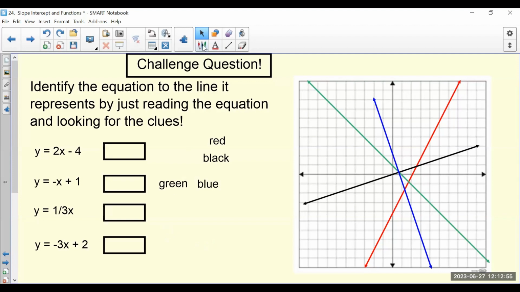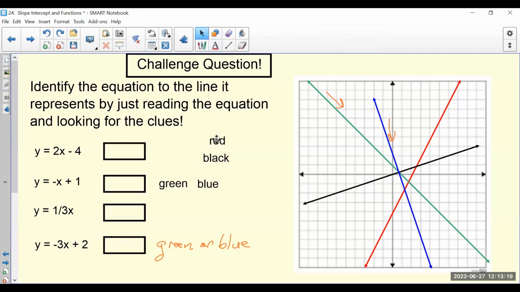If I have a line that from left to right is going down, this is negative, and this one's negative, because from left to right, this one has a very hard down slope. That means that red and black have to be positive.